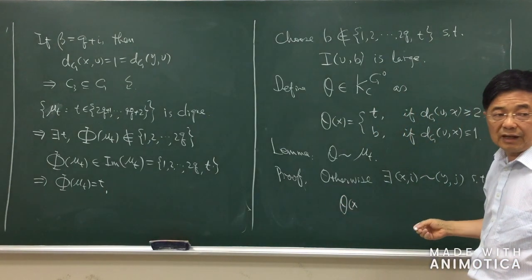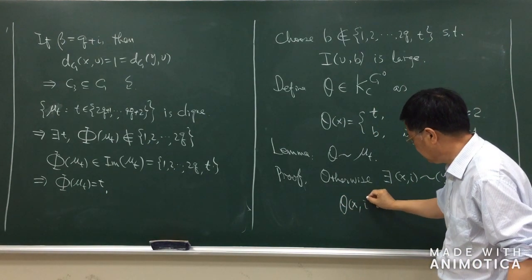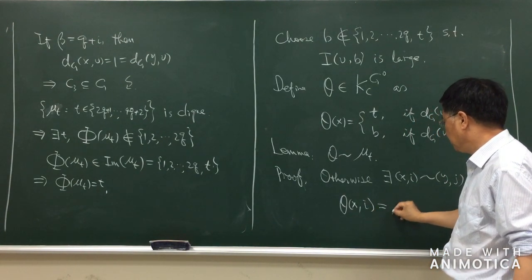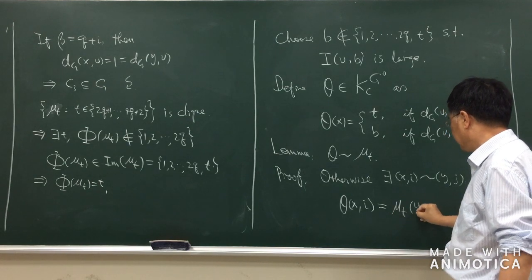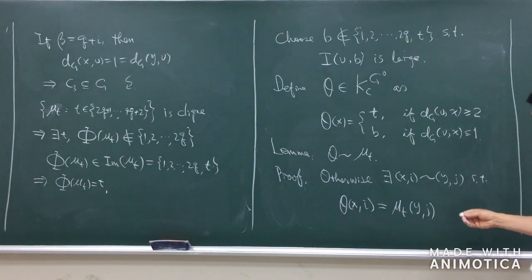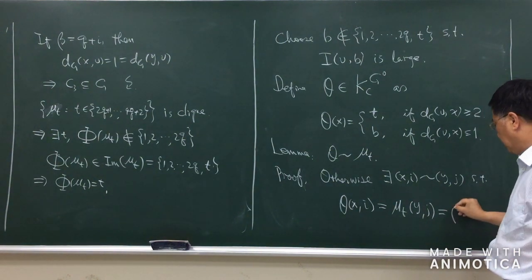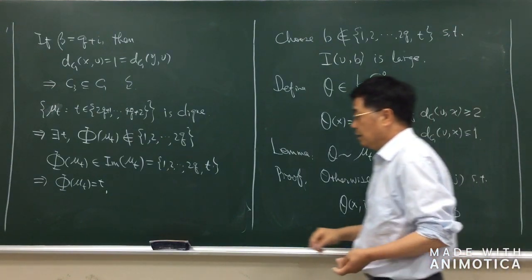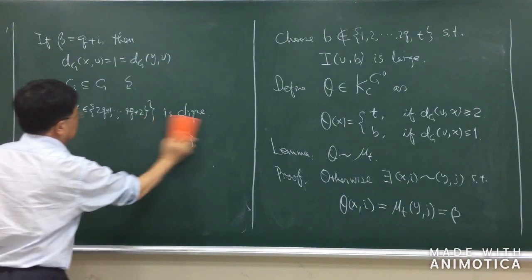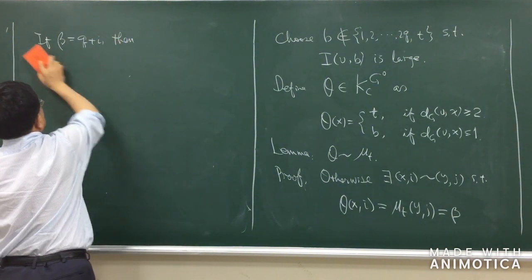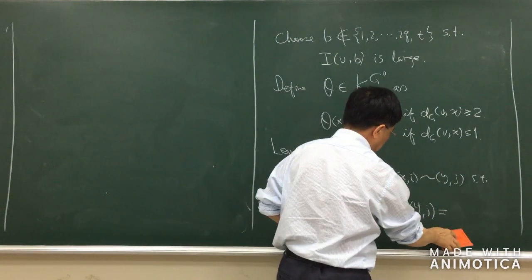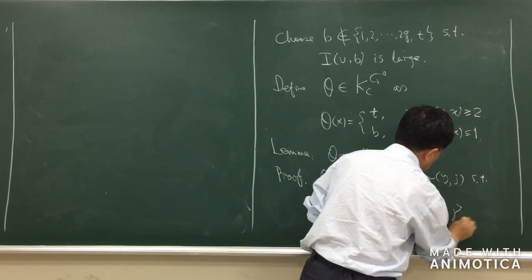That's because it does not depend on the second coordinate. Theta xi is equal to mu t yj. Let's name the color gamma, because beta I used already.